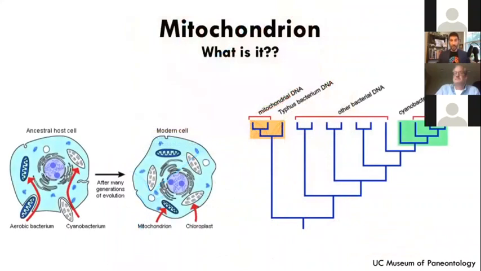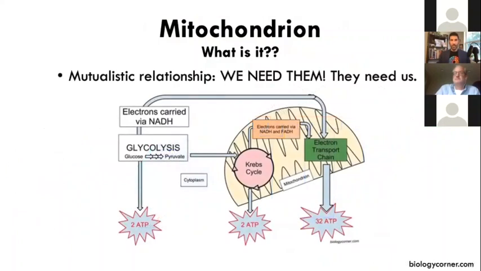You can even see this phylogenetically: if you look at the mitochondrial DNA, it has quite a lot in common with alpha proteobacteria, just like the chloroplasts in plants have a lot in common with photosynthetic cyanobacteria. It's a mutualistic relationship because we need them. We wouldn't be able to persist without them.